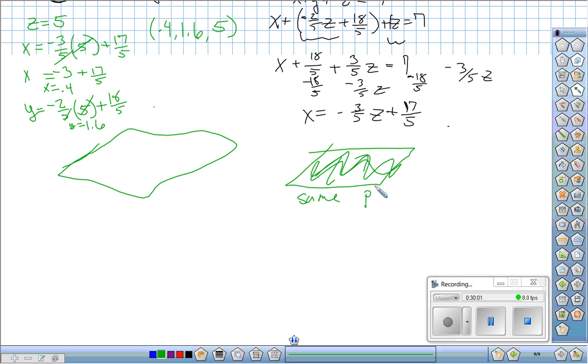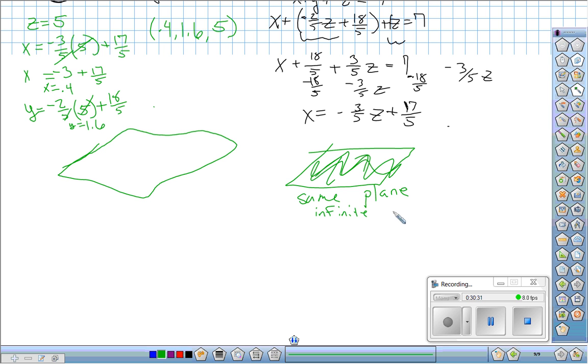Because when we have an equation in three variables, each equation represents the same plane or a different plane. In this case, they all represent the same equations on the same plane, and there is going to be an infinite amount of solutions.